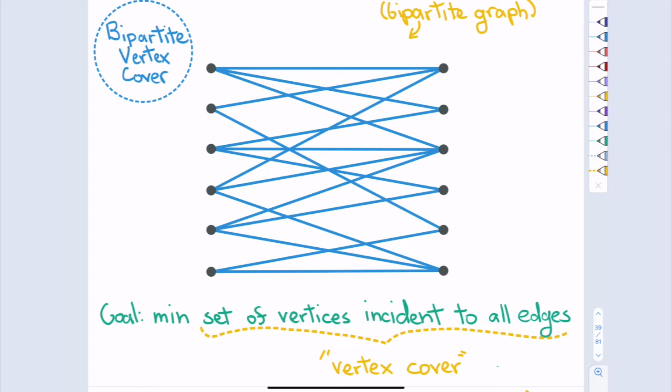I'll give another minute for you guys to eyeball and see what the minimum size vertex cover you can find is.